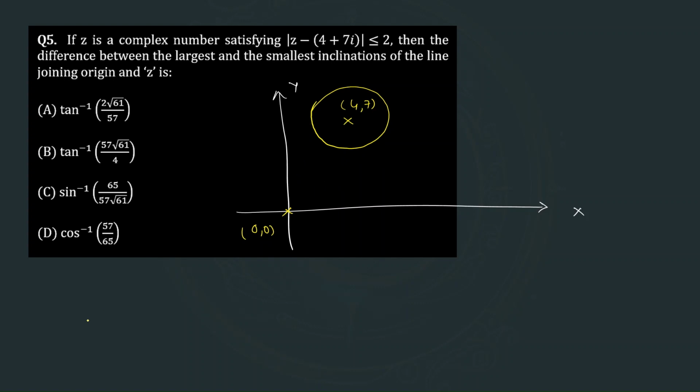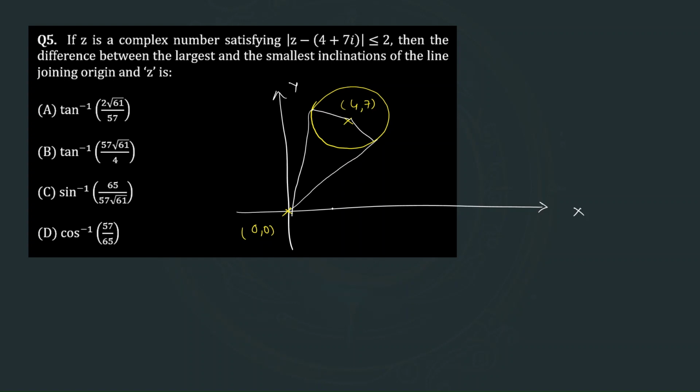Now we know that the largest inclination will be in the case of the largest slope and the smallest inclination will be in the case of the smallest slope, because the circle is in the first quadrant, and therefore if theta is greater, that means tan theta will also be greater. So if we draw the tangents to this circle from this origin, two tangents can be drawn to this circle from the origin.